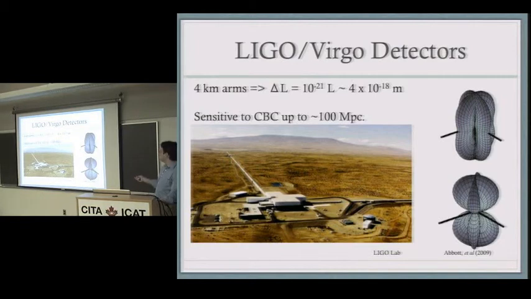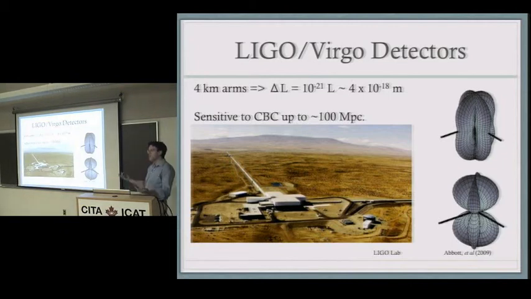If you have a plus polarization wave coming in at 45 degrees here, the relative displacements of the mirrors are 0. They move synchronously, and so there's no net gravitational wave signal out the interferometer port. And we exploit that to try to determine the location on the sky of gravitational wave signals.